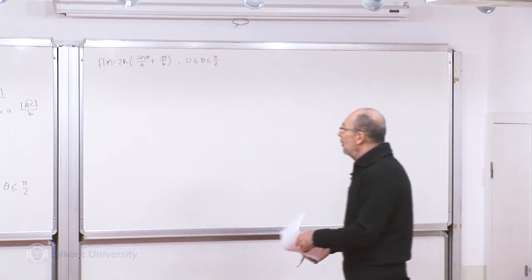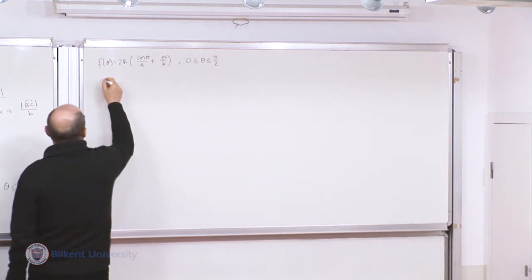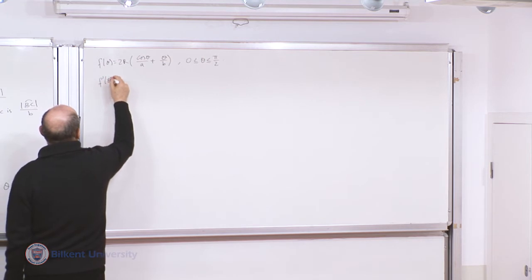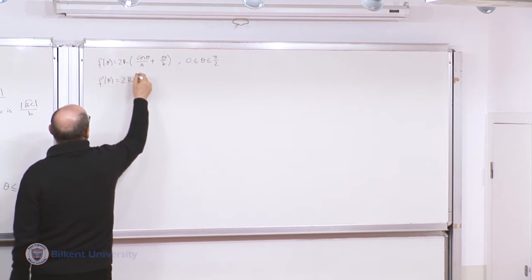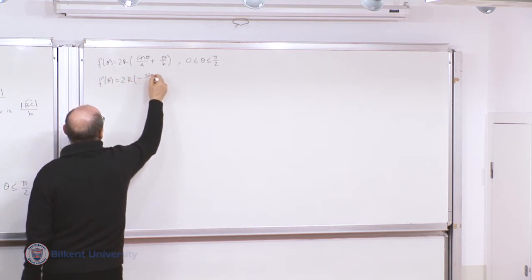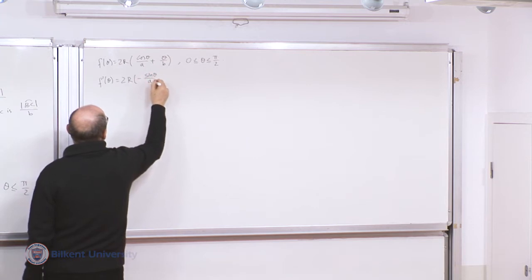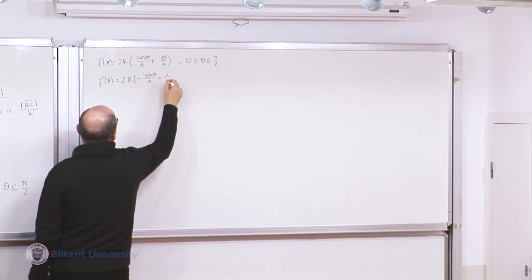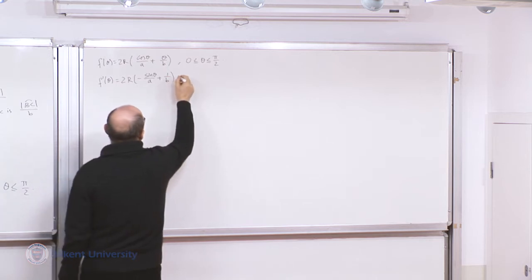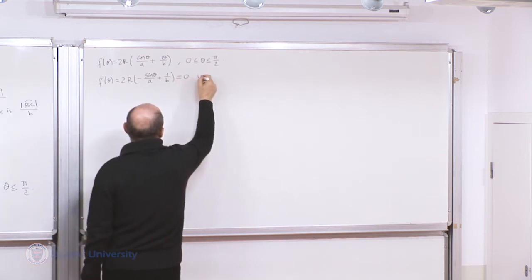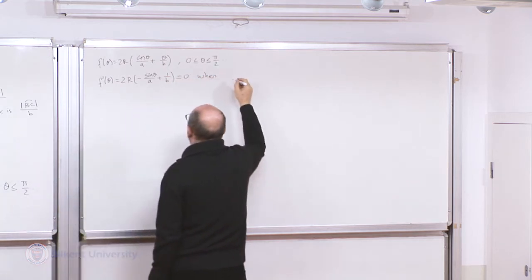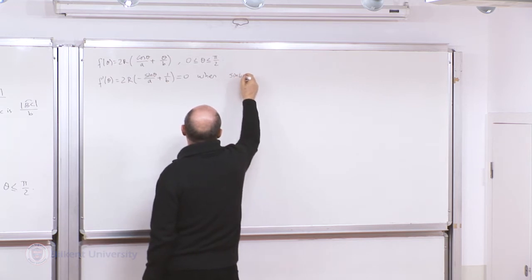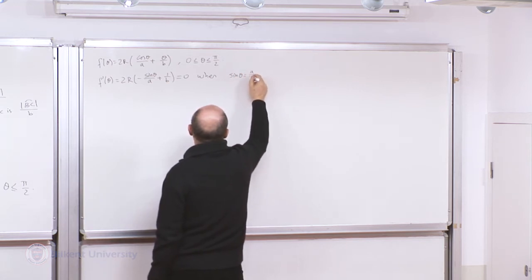We take the derivative. F prime theta is equal to 2r times minus sine theta over A plus 1 over B. We want to set this equal to 0. This holds when sine theta equals A over B.